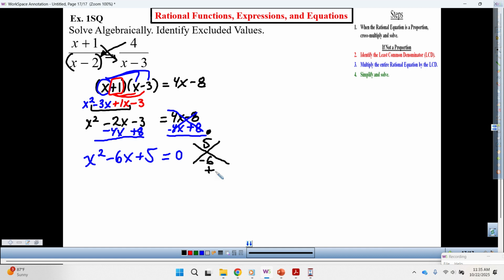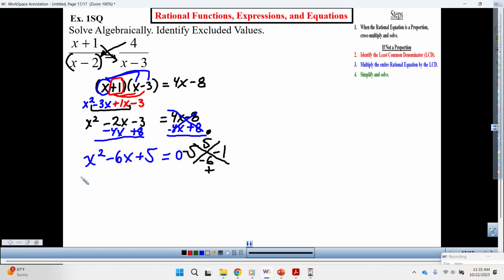Let's see, looks like Autumn's got it. Well, let's go with Geo. What two numbers? Negative 5 and negative 1. Negative 5 times negative 1 is positive 5. Negative 5 and negative 1, that's negative 6.